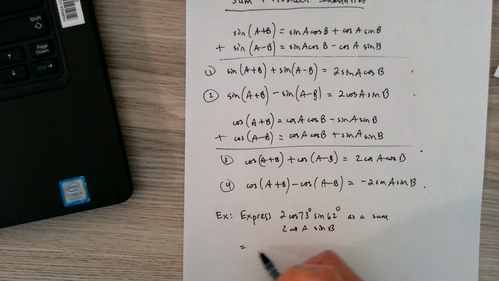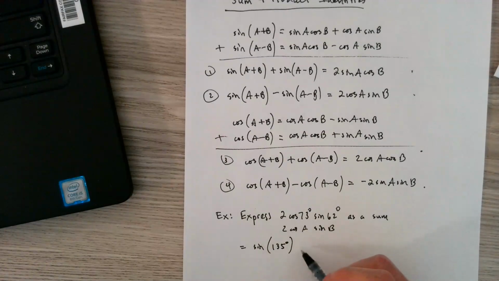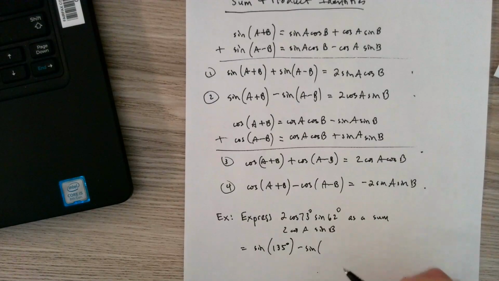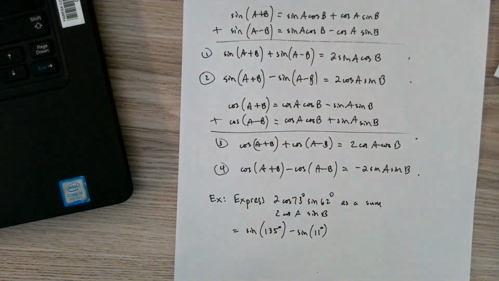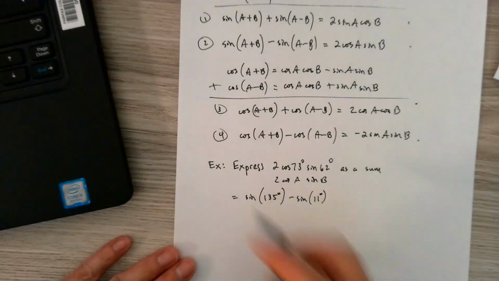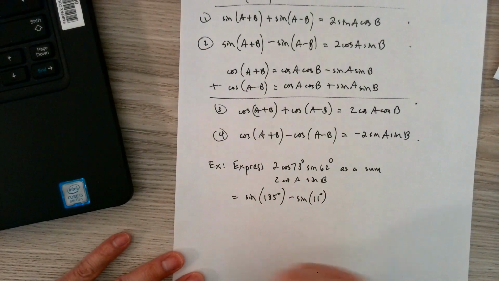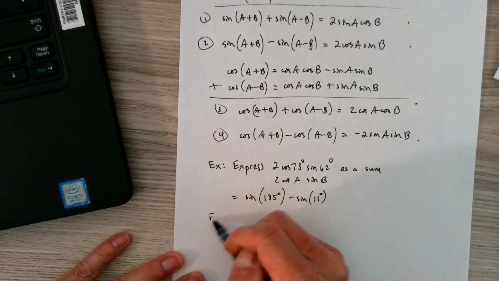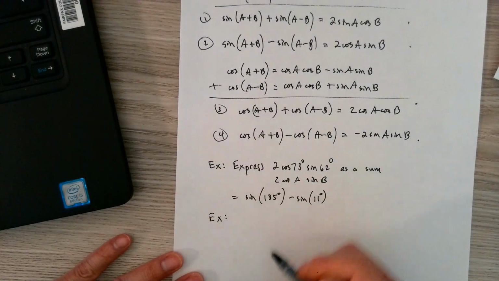So 73 plus 62, 135, minus sine of 73 minus 62, 11. There. It is now written as a sum. Okay, so once you have these identities down, the practical problems that utilize them are really simple.